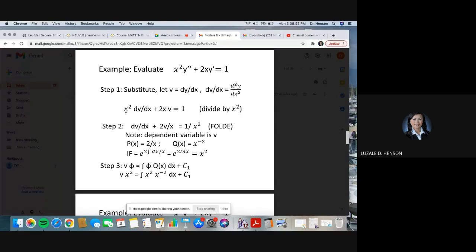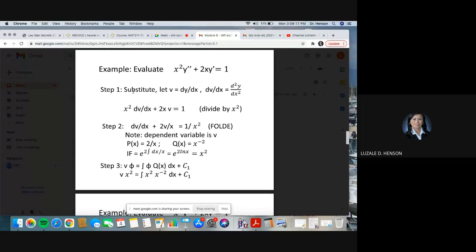Look. x squared dv/dx, which is actually the product of the derivative of x squared times v. What is the derivative of the product of x squared times v? You can write x squared times the derivative of v plus the derivative of x squared times v.